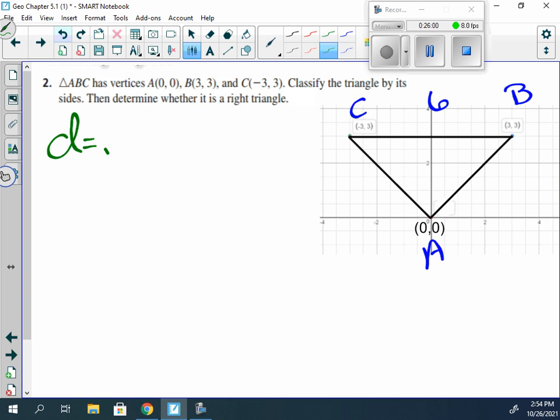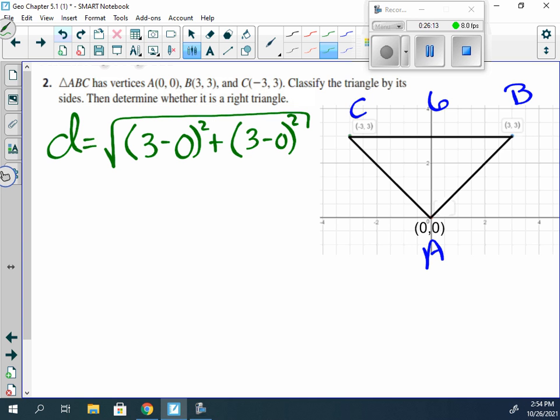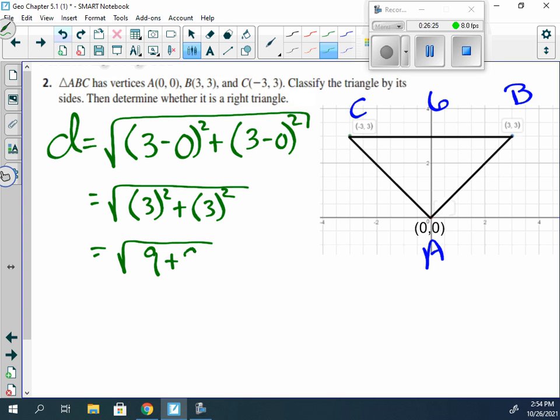So our distance formula would be the square root. Our x value at B is 3, minus 0, squared, plus the y value 3, minus 0, squared. So we would have 3 squared plus 3 squared, 9 plus 9, would be the square root of 18.